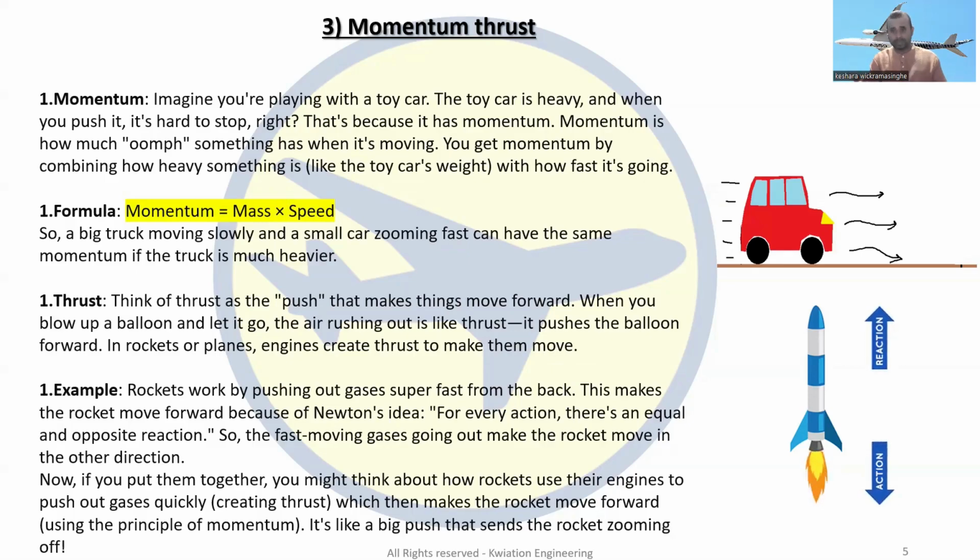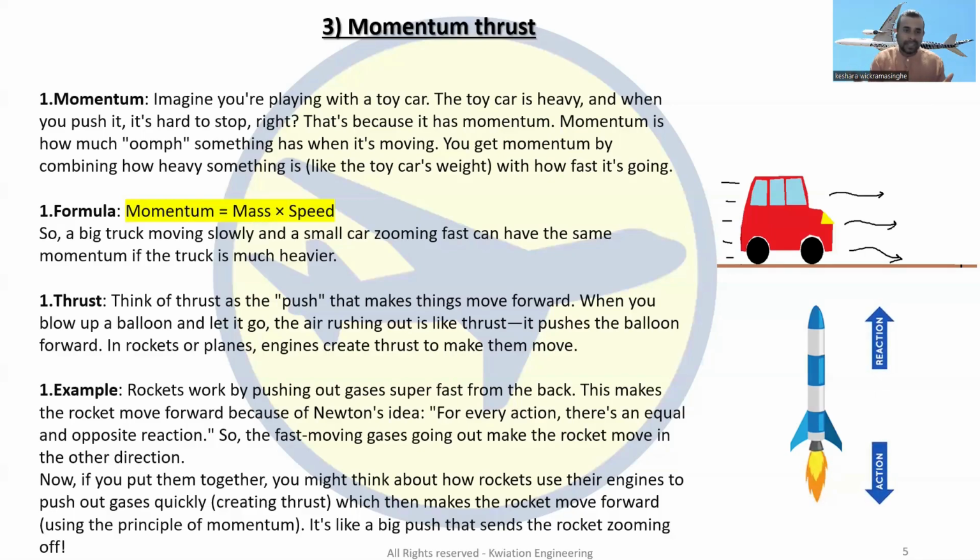The air inside the balloon moves backward and then the balloon moves forward. So it pushes the balloon forward. In rockets or planes, engines create the thrust to make them move. That is our subject.